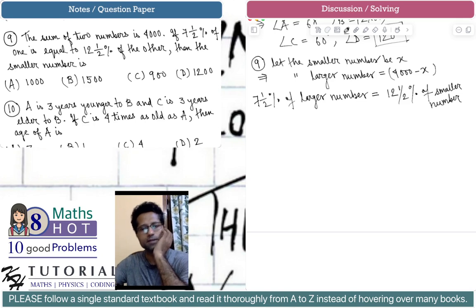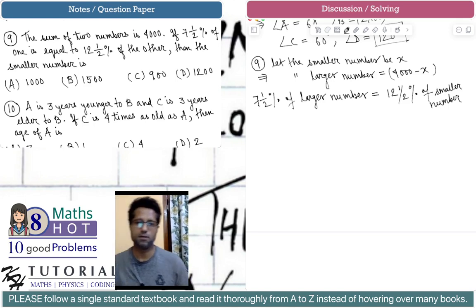I hope I am right. Yes, it has to be that way. If 7.5% of one is equal to 12.5% of the other, if this is to be true, then definitely we must have 7.5% of the larger number equal to 12.5% of the smaller number.